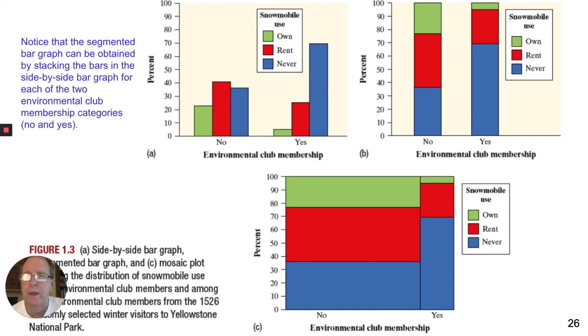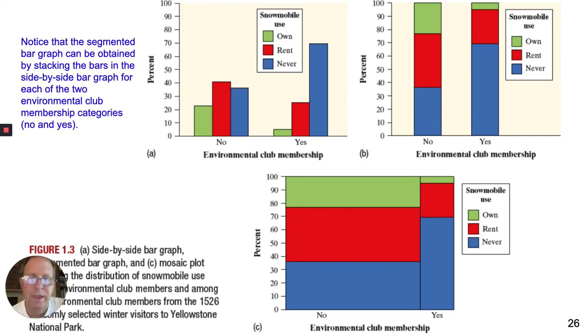Notice that the segmented bar graphs can be obtained by stacking the bars in the side-by-side bar graph. So you can get graph B by stacking the bars in graph A.